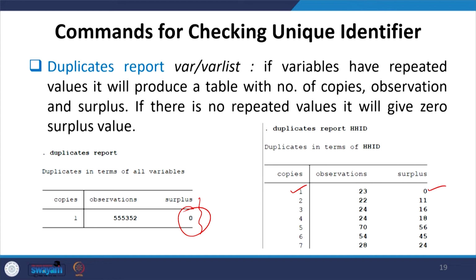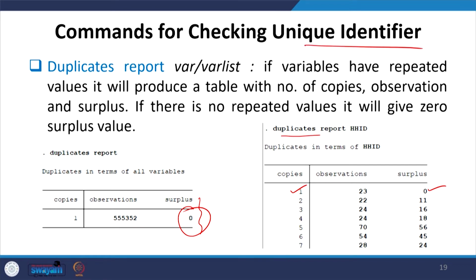So there is a possibility of overlapping, or a possibility of creating an identifier because of duplications of entries in that particular file. So duplication helps us to identify whether we can go for a unique identifier or not.